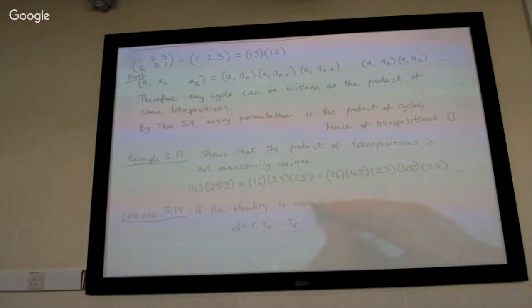Okay, I should probably put: if the identity is written as a product of transpositions, then R is even.